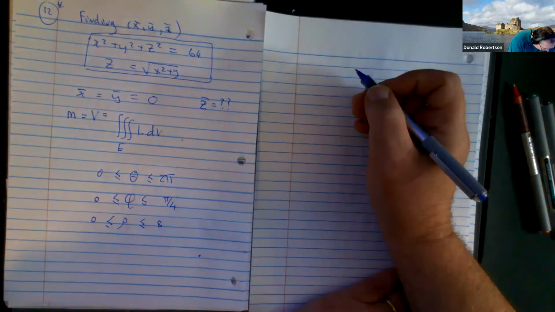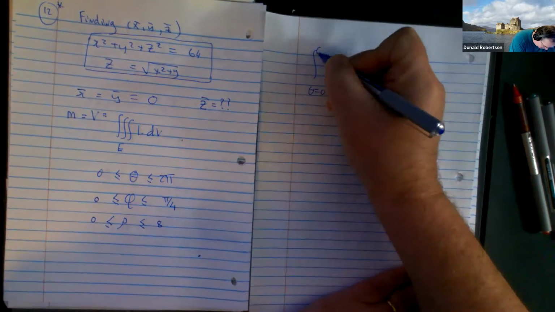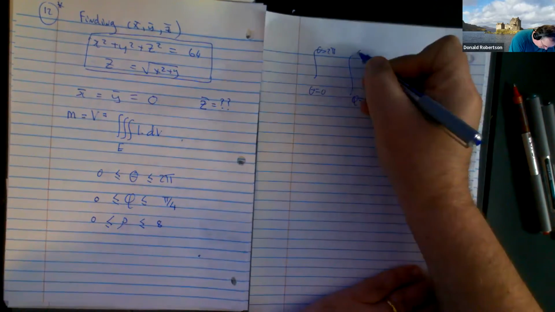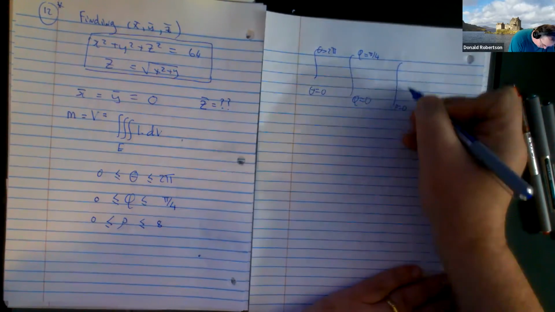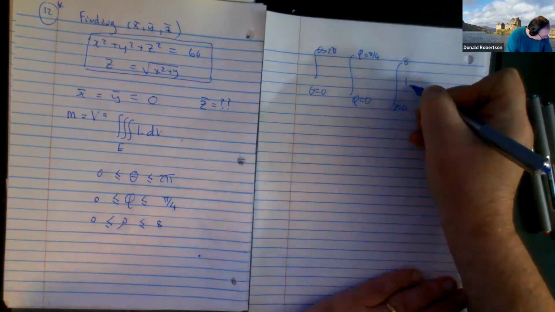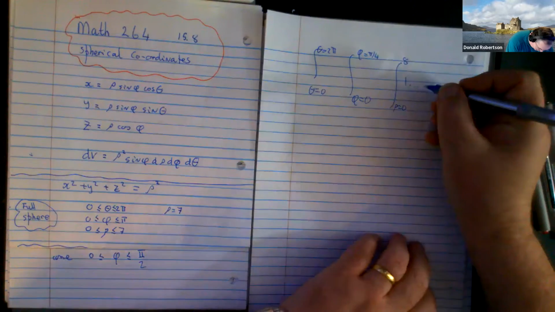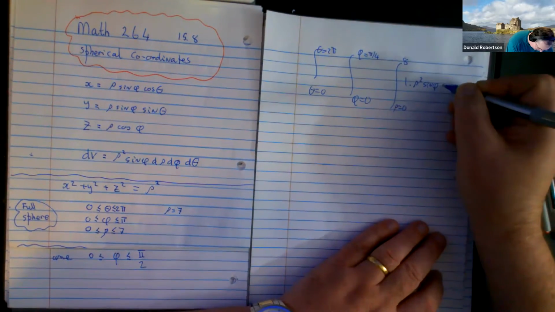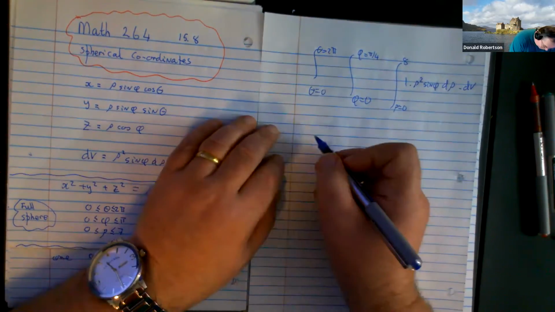Now, the triple integral is going to be from 0 to 2 pi, from 0 to pi upon 4, and from 0 to 8 of 1. But I have to factor in the volume element: it's rho squared sine phi d rho d phi d theta, and since I don't have room, I'll just call it dV for the time being.